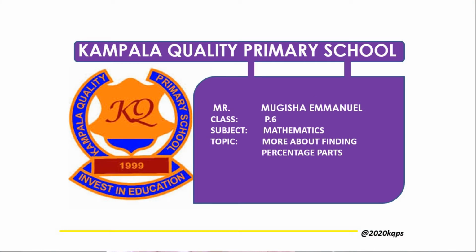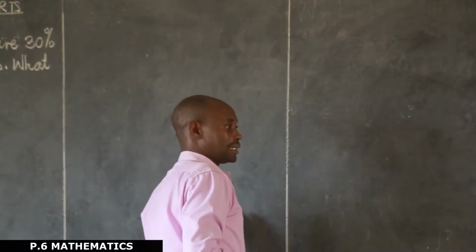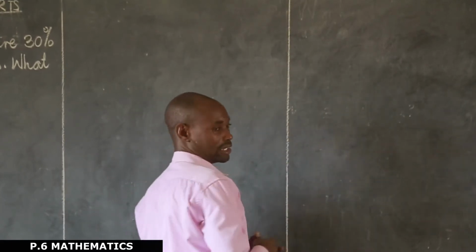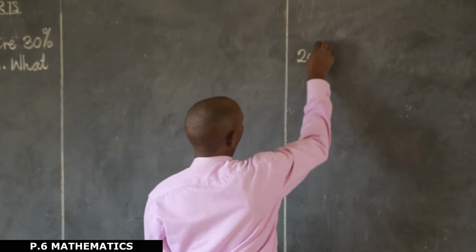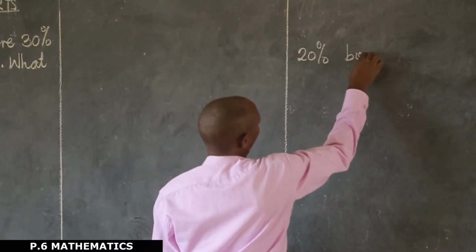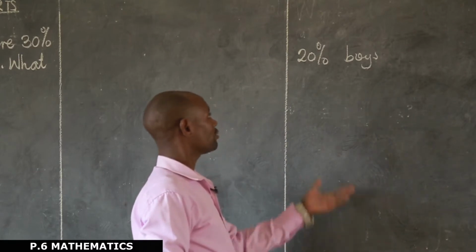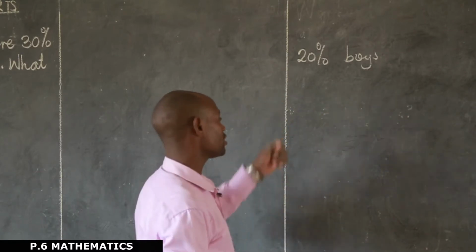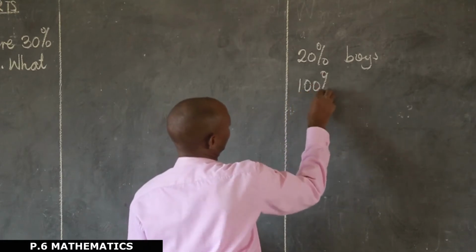In our previous lesson, I taught you how to find percentage parts. I told you that if you have been told that in a certain class 20% belongs to boys, then I tell you to find the percentage of girls, the total percentage is supposed to be 100.